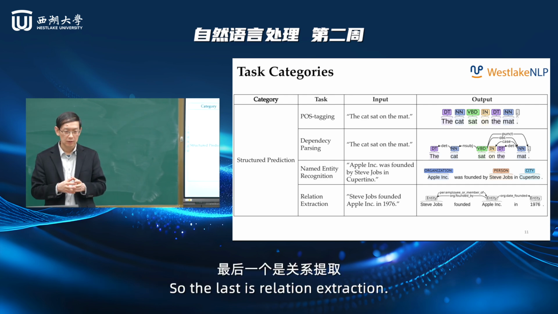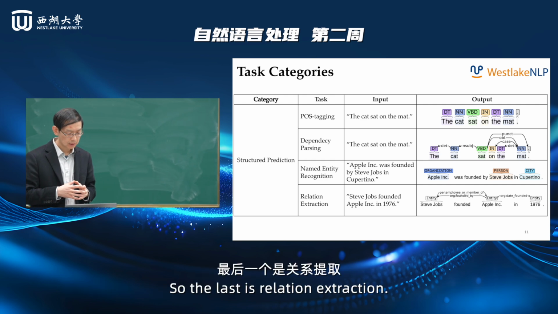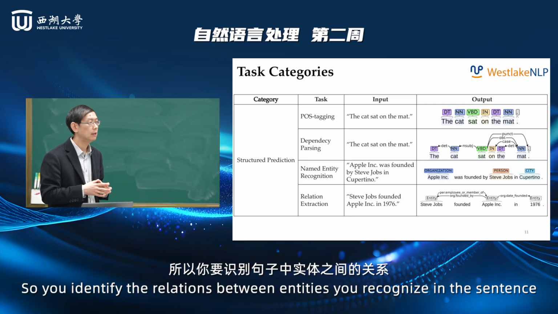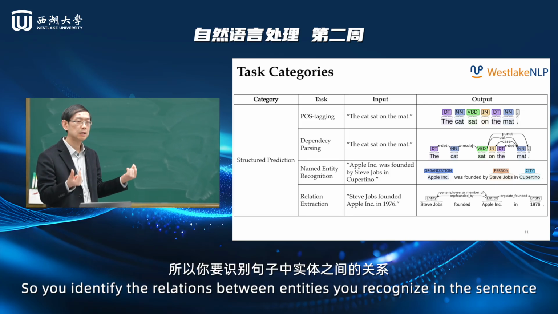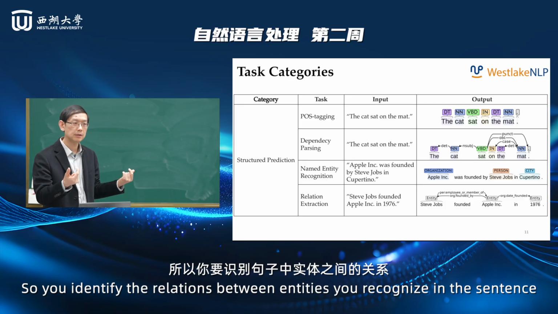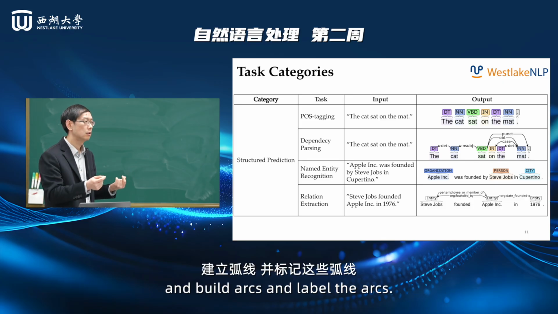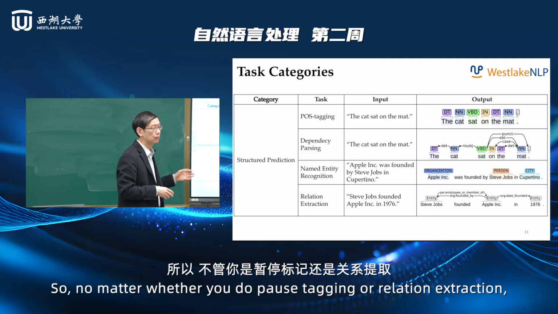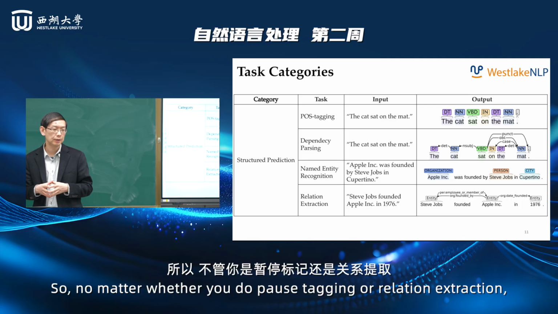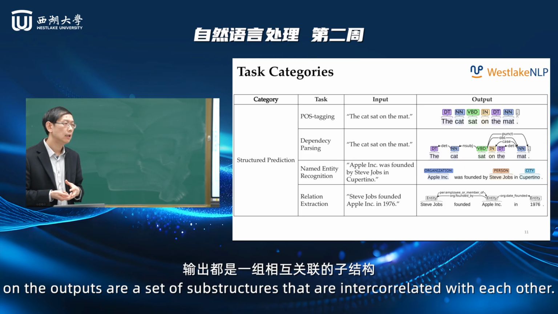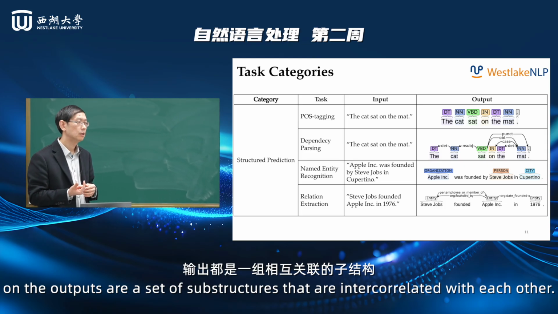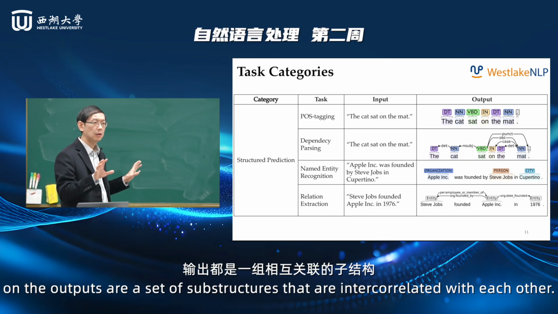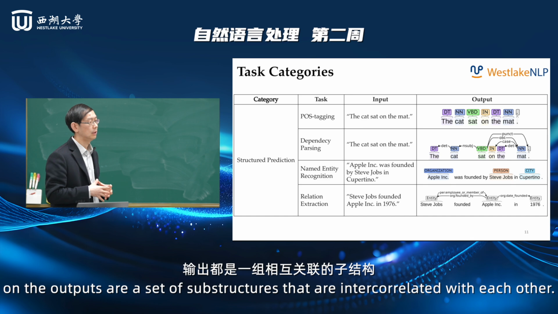The last is relation extraction. You identify the relations between entities you recognize in a sentence, and build arcs and label the arcs. No matter whether you're doing part of speech tagging or relation extraction, the outputs are a set of substructures that are intercorrelated with each other.